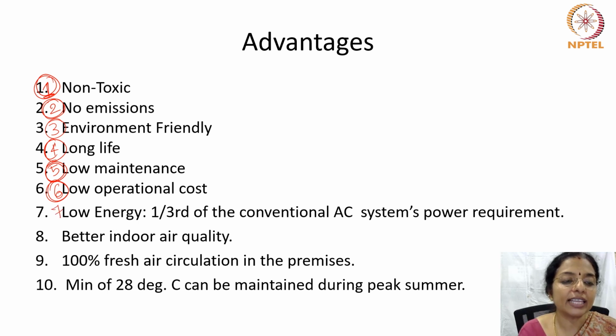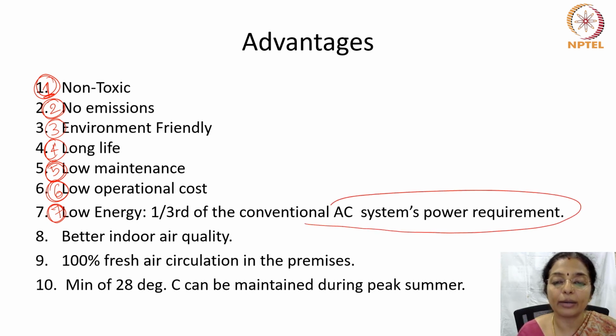Seventh, it has low energy use. That is, one-third of the conventional air conditioning system's power requirement can get reduced. What happens if your outside air temperature is 36 degrees centigrade, and you actually want 26 degrees centigrade as your indoor temperature?